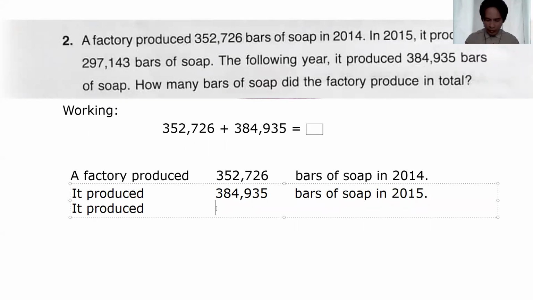This is number 2, okay? So 6 plus 5 is equal to 11. And then 2 plus 3 is equal to 5. 7 plus 9 is equal to 16. Carry 1 over to the 2 and 4 column.